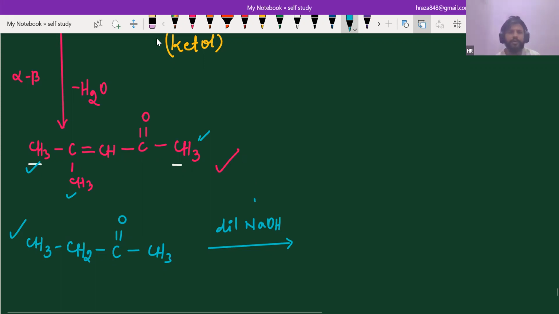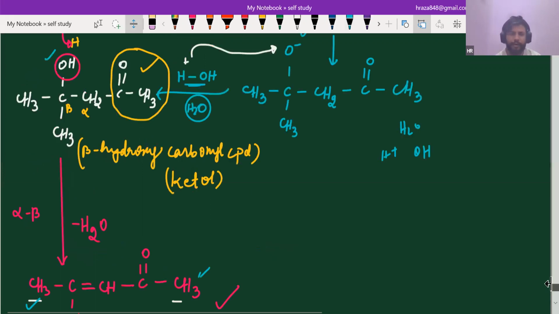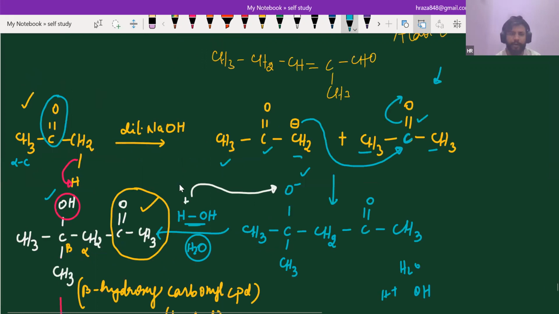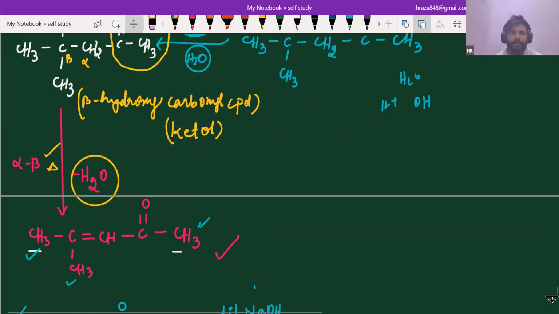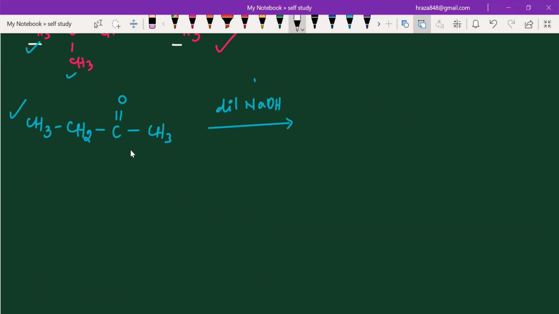So in this one, we also need to take care of the symbol in the last step when we do condensation. Please write it. Let me know when you are done with this. A very easy question.